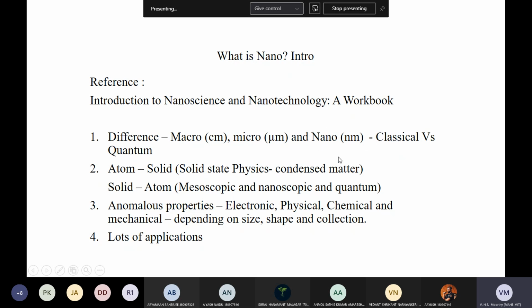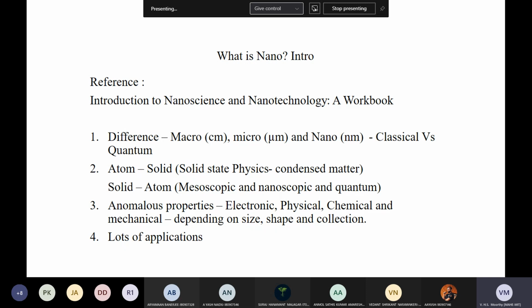Now nano. As we discussed in previous class, why is nano most important? Why is nano taking a lot of importance? Because it cannot be understood by classical mechanics. We require quantum mechanics. Quantum mechanical behavior of the material comes into play when we go into nanomaterial.